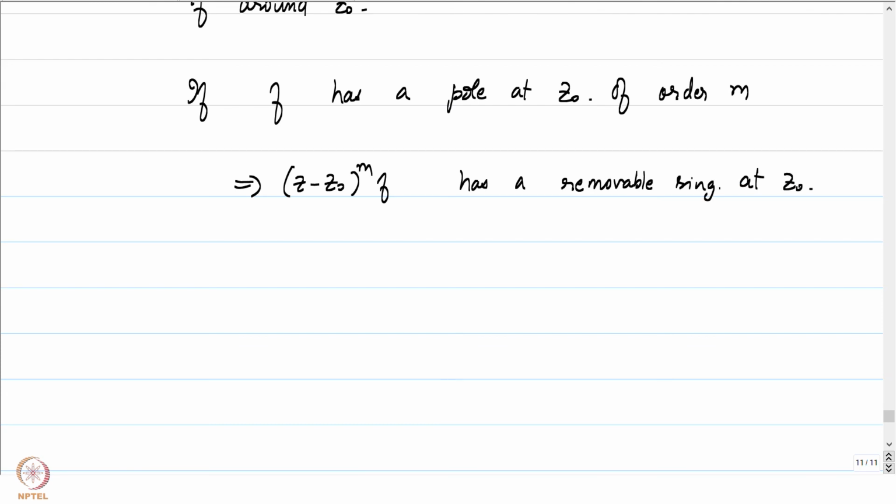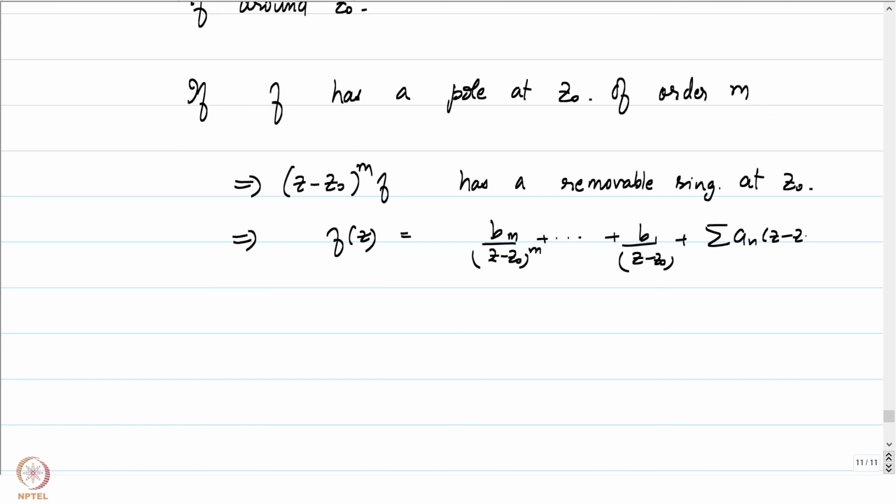We will be able to conclude that f of z is equal to a_m by (z minus z0) to the power m, plus all the way up to a_1 by (z minus z0), plus the summation of b_n (z minus z0) to the power n, n equal to 0 to infinity.